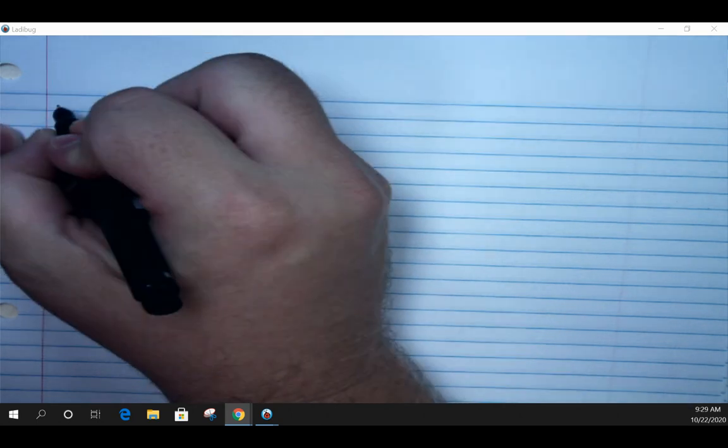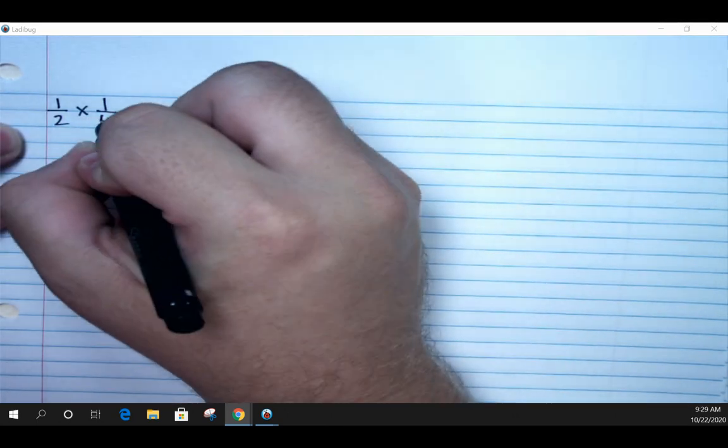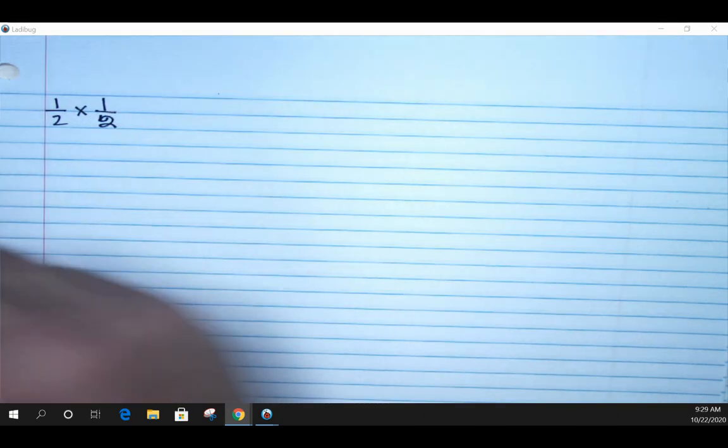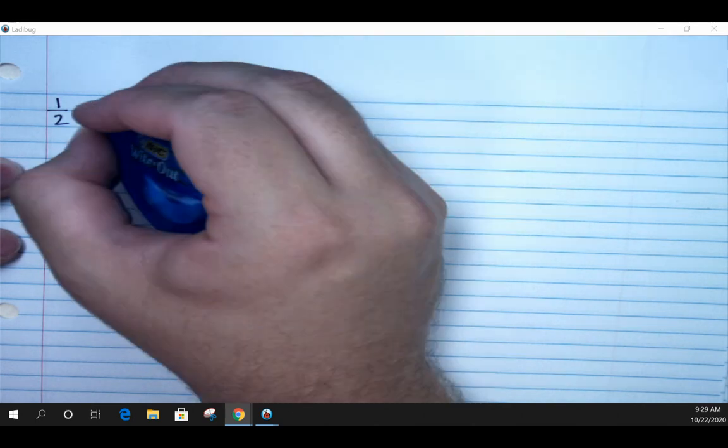So let's look. You got some blank space. Let's do 1/2 times 1/2. And I do this in my head when we're splitting up the figures. I'll say cut the halves in half.